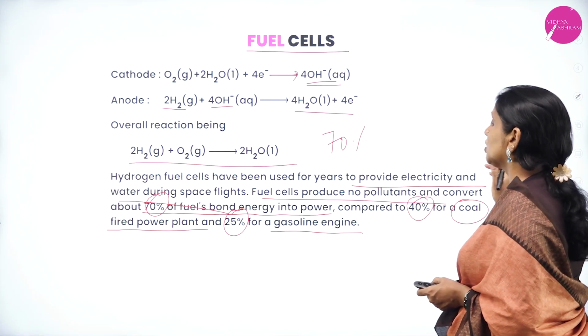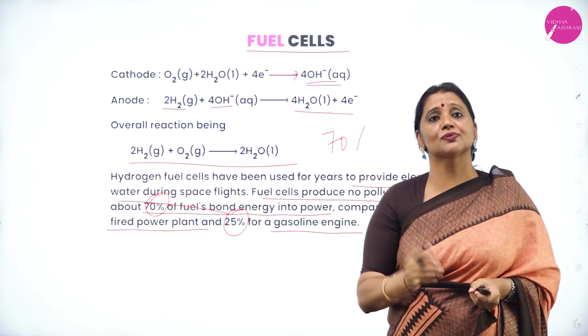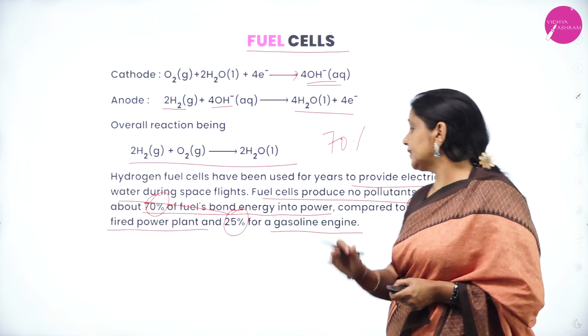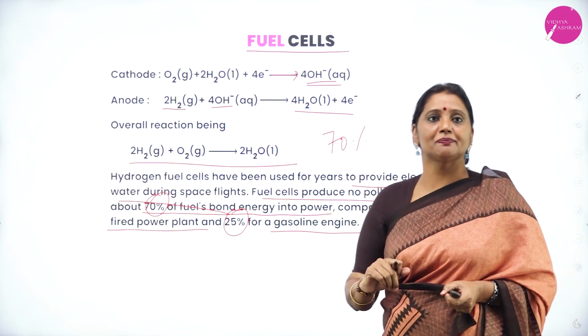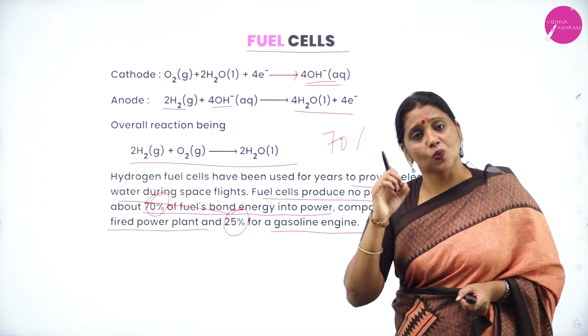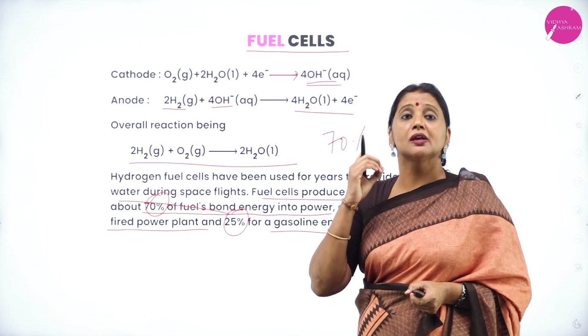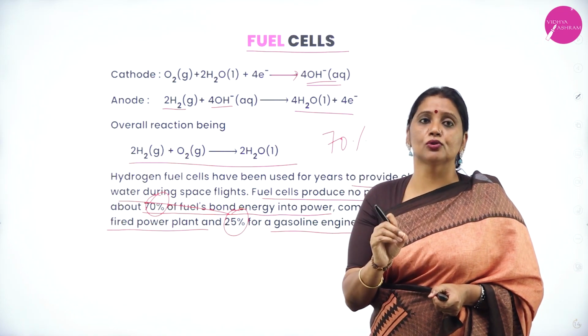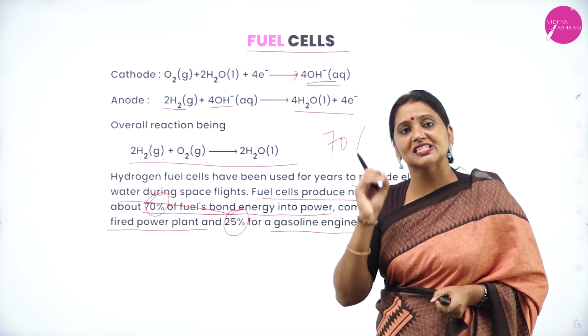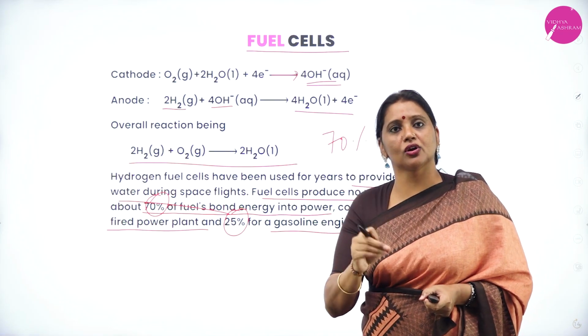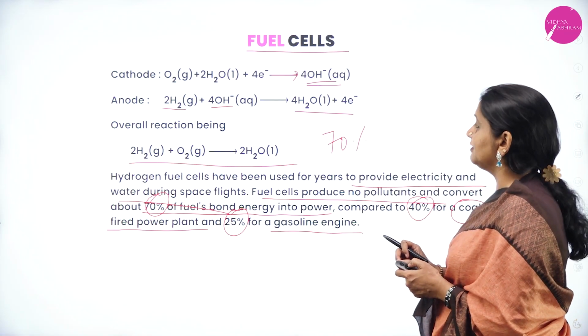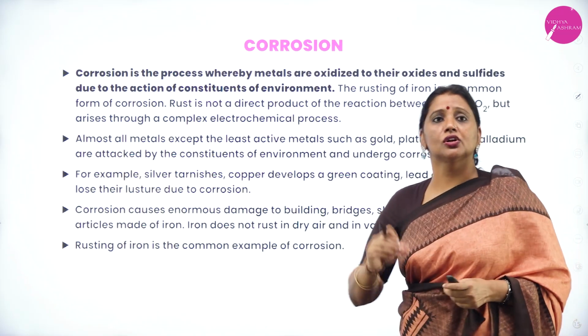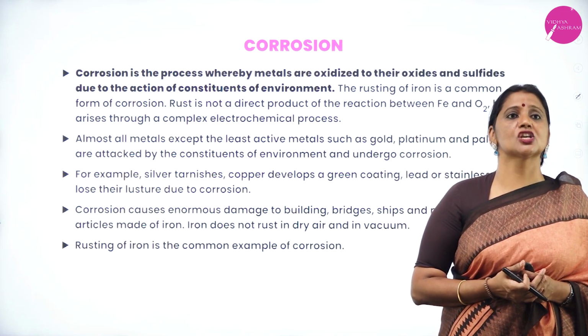If you consider a coal-fired power plant as well as a gasoline engine, they convert 40% and 25% respectively. Therefore, why are fuel cells more efficient? Because they do not produce any pollutants to the atmosphere, and they convert 70% of fuel bond energy into power. Next, the last topic of this chapter is corrosion.